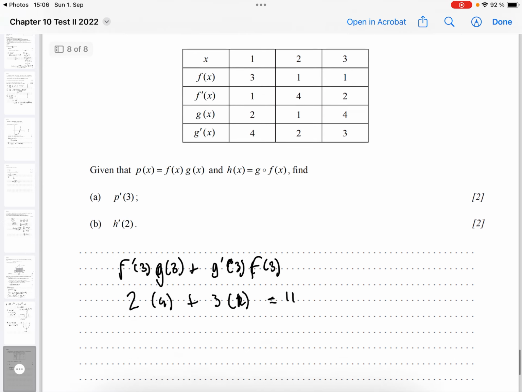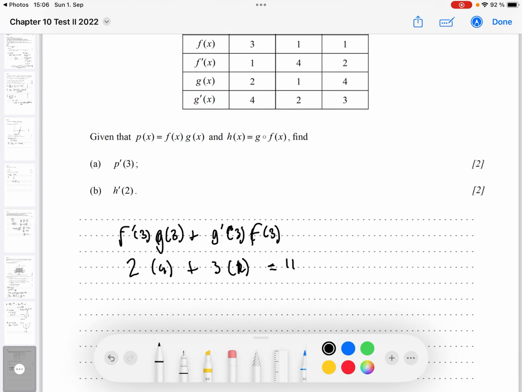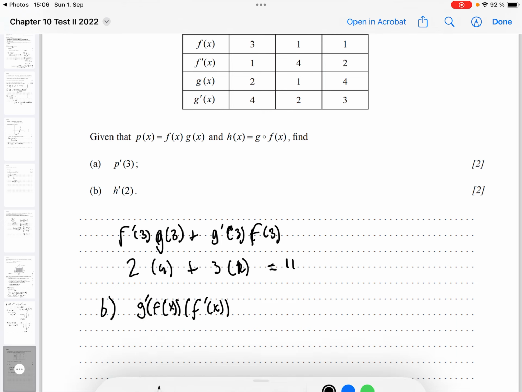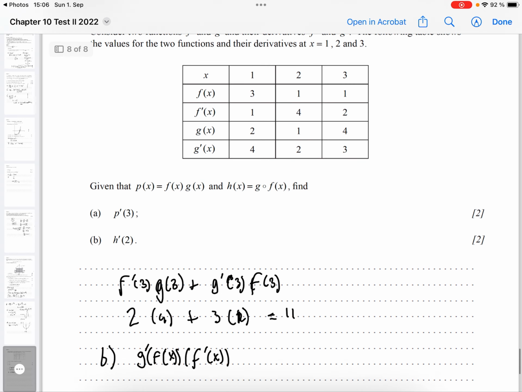Now part B says h prime of 2, and we know that h is g of f of x, so that means we must use the chain rule here. So this means that we will be finding g prime of f of x times f prime of x. So f of 2 is what we are given as 1.